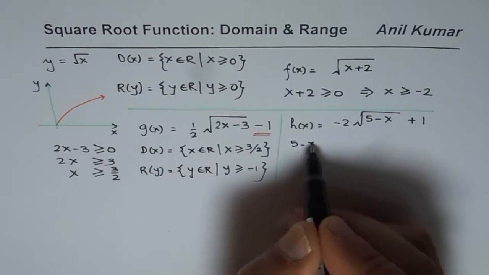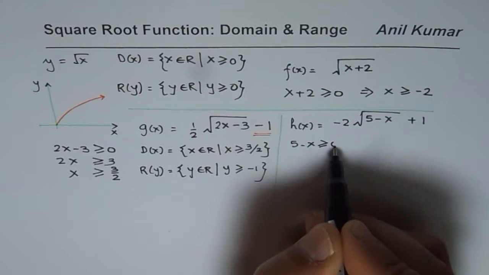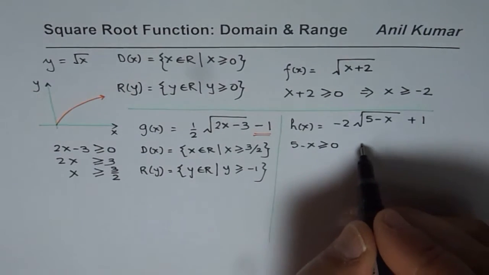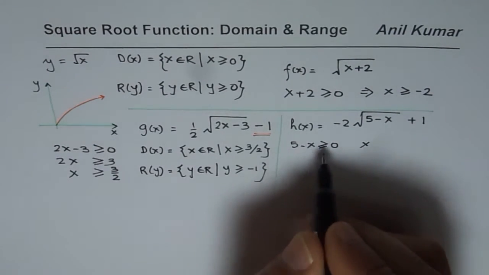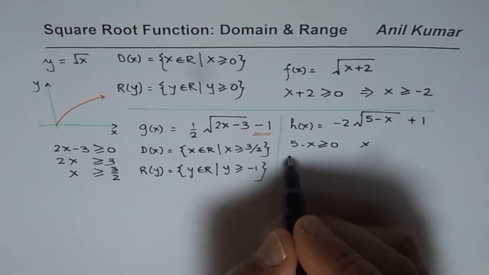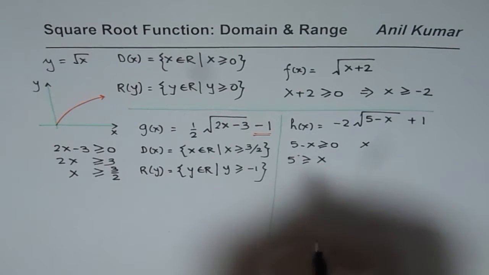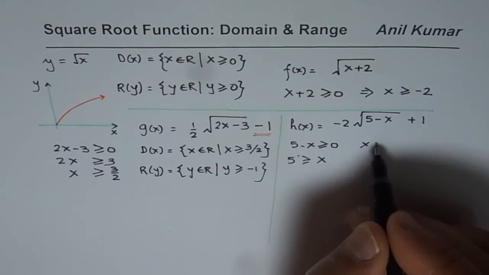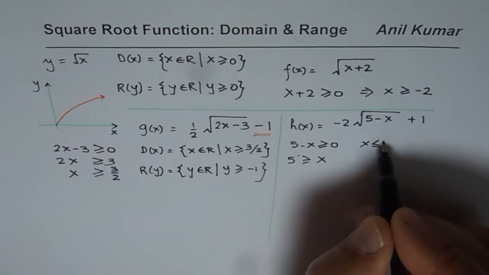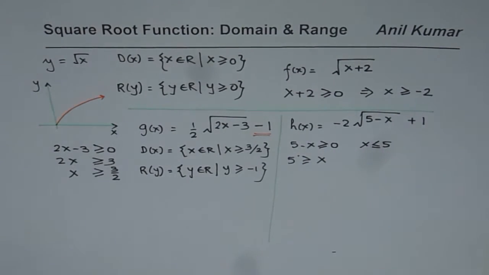So 5 minus x is greater than or equal to 0. Let me solve like this. Take x on this side, that's simpler. So x is less than or equal to 5. So x less than or equal to 5 becomes the domain for this particular function, right?